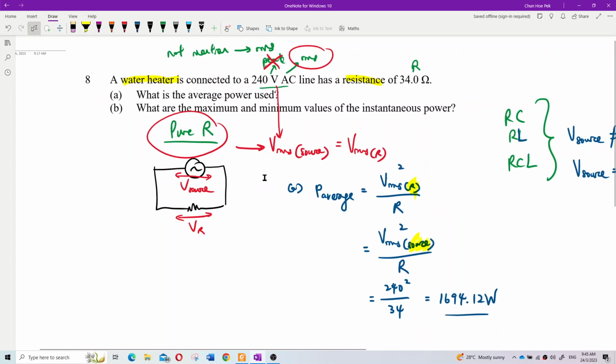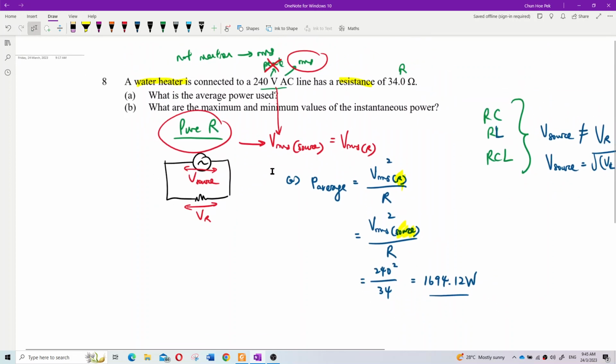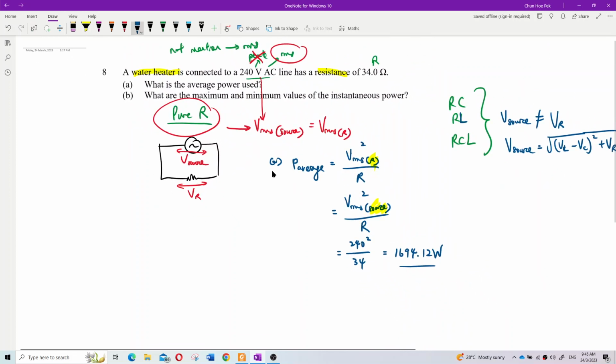And then question B. What are the maximum and minimum values of the instantaneous power?